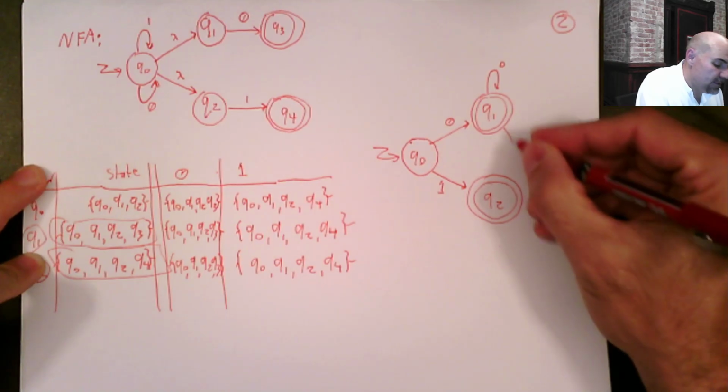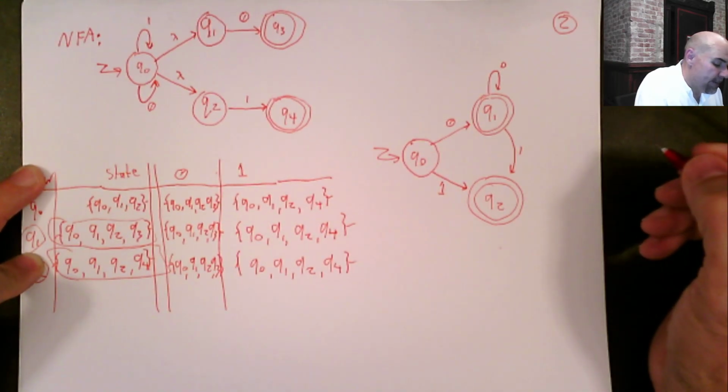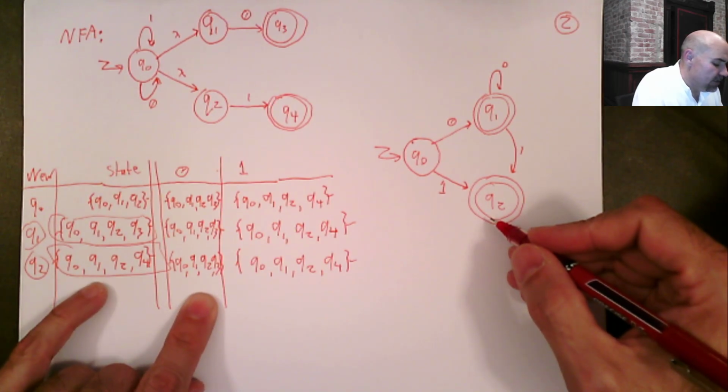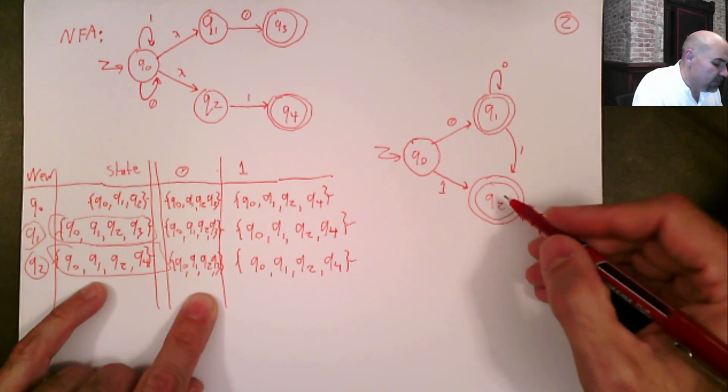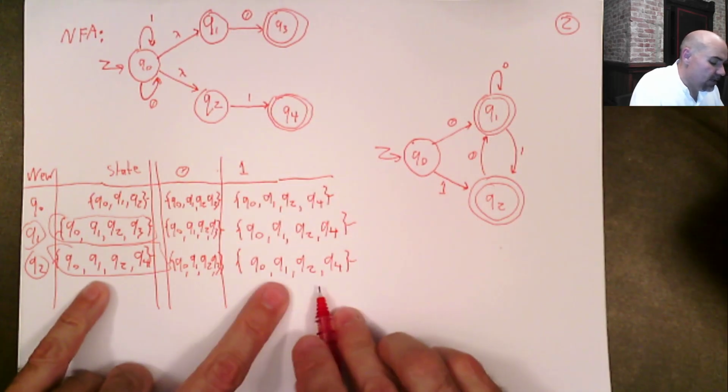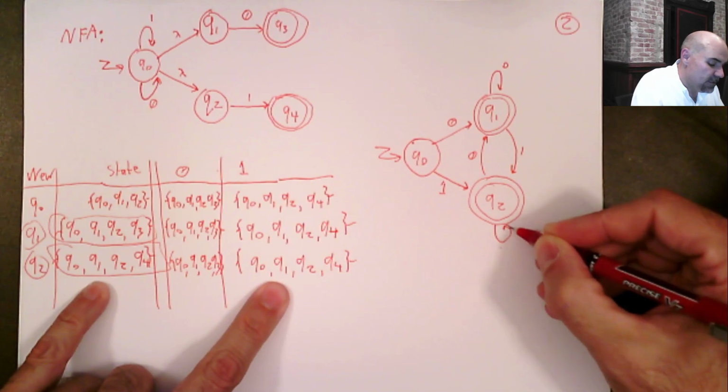On a 1, it's going to go down here. And then Q2 on a 0 is going to go back to Q1. And on a 1, it's going to stay there.